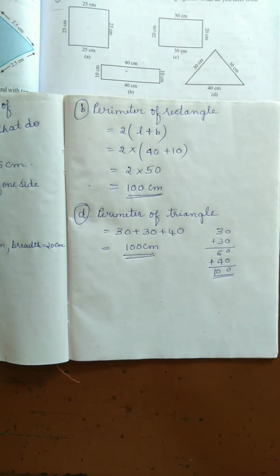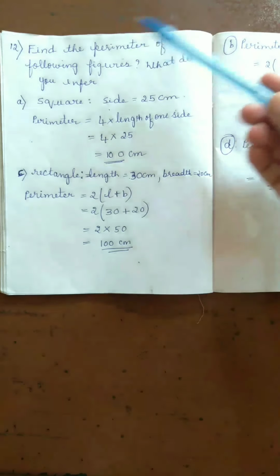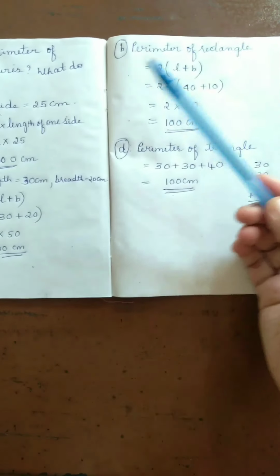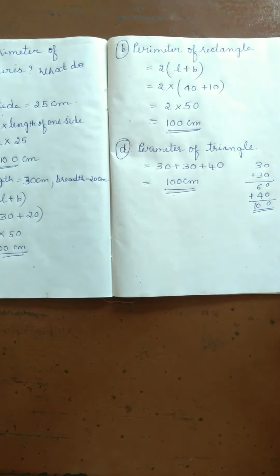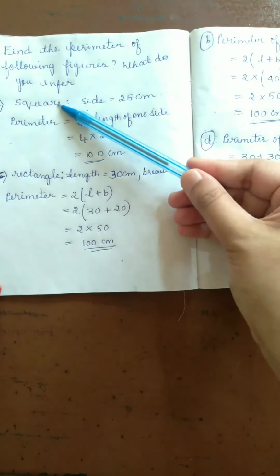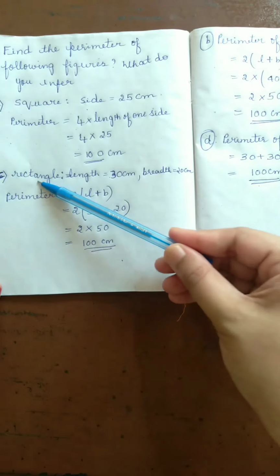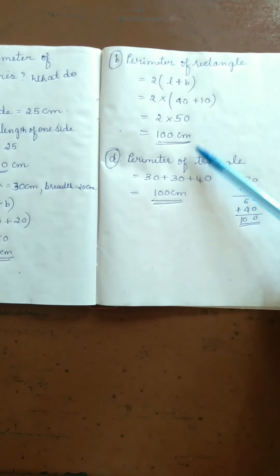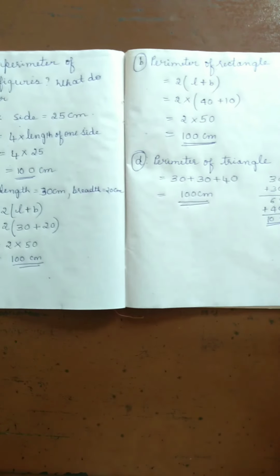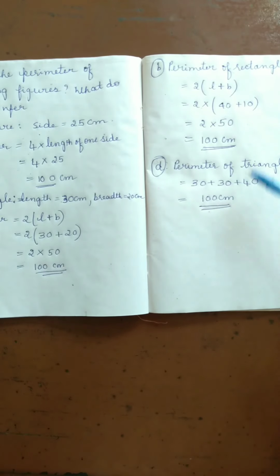Therefore, children, the question was find the perimeter of the following figures: square, rectangle, again the rectangle and triangle. We got the answer equal to 100 centimeter for the square, 100 centimeter for the rectangle, again 100 centimeter for the rectangle with the different measurements. Then perimeter of a triangle equal to 100 centimeter. So all the answers we got was equal to 100 centimeter.